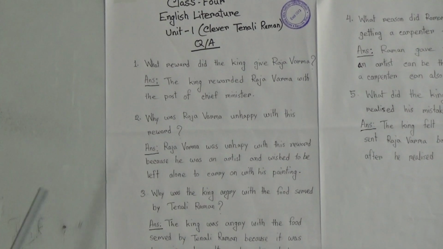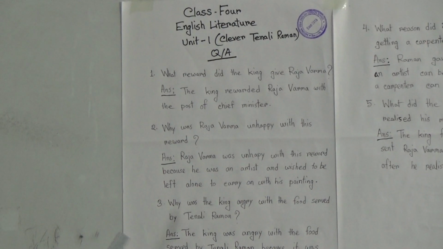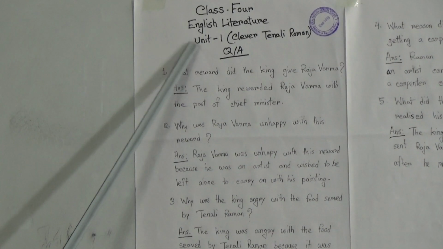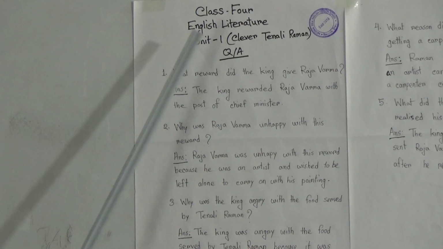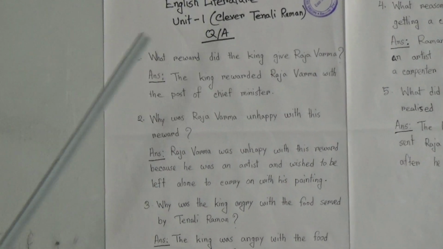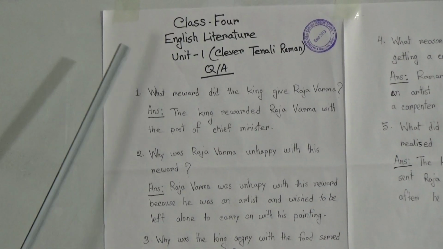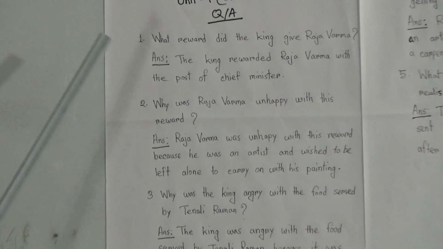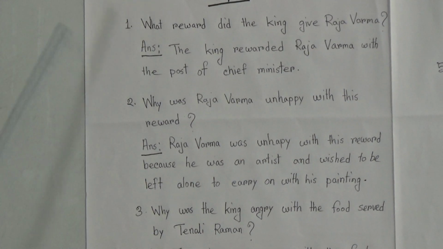I have written the questions and answers, and the story of Unit 1 is from your Buzzword book, and it is named Clever Tenali Raman. So let's read the questions and answers, and we will discuss the answers along the way.